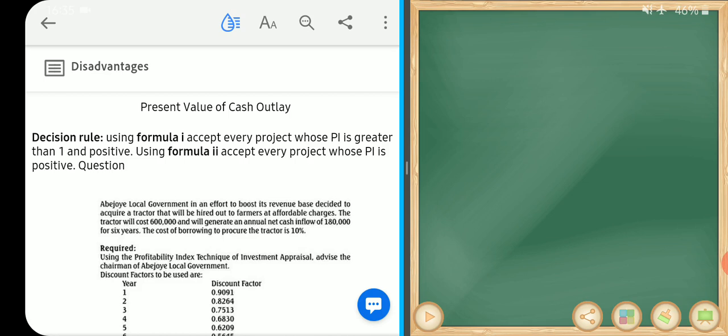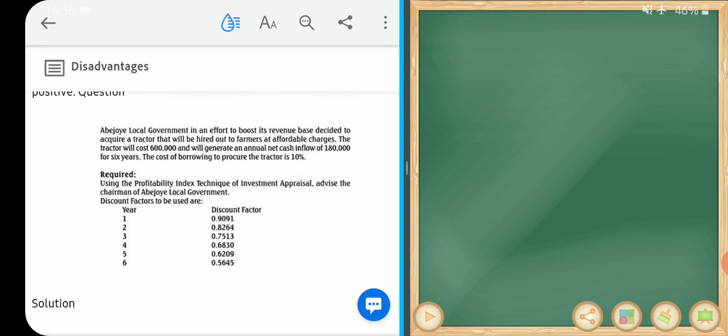If you have 0.4 positive, you do not accept the project because it must be greater than 1. But if you are using formula 2, the one that has net present value, as long as it is positive, you accept the project. So even if your result is 0.02, you accept the project. Okay, so that's that about that.